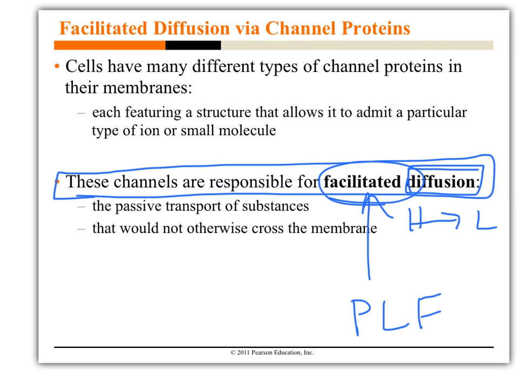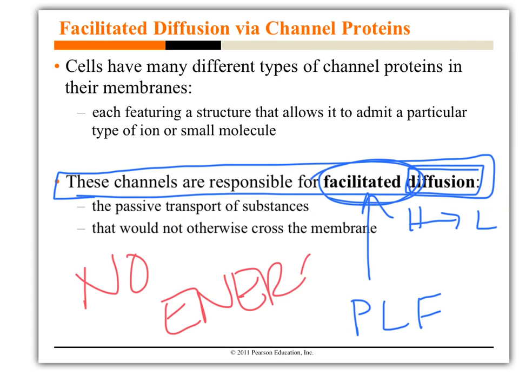But it has to be helped by some sort of protein because ions can't just cross by diffusion. So we can't just call ions crossing membranes diffusion because they need help. They don't just cross the plasma membrane. What kind of help do they get? They get channel protein or gated channel protein help to facilitate their diffusion. No energy because it's diffusion.